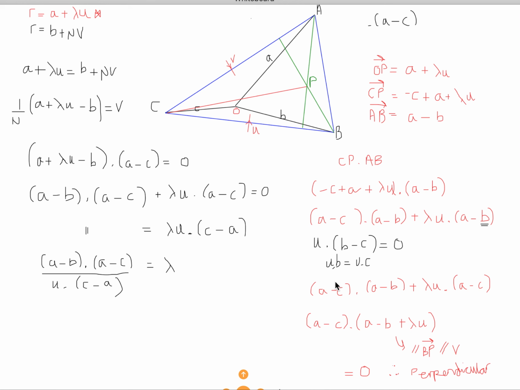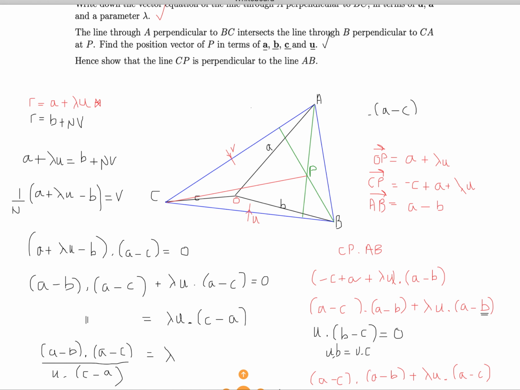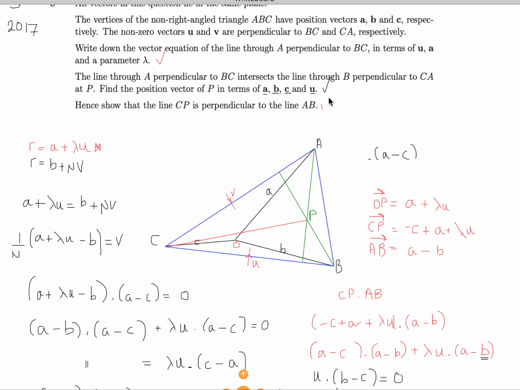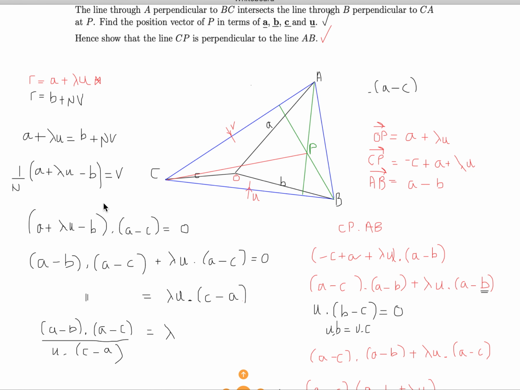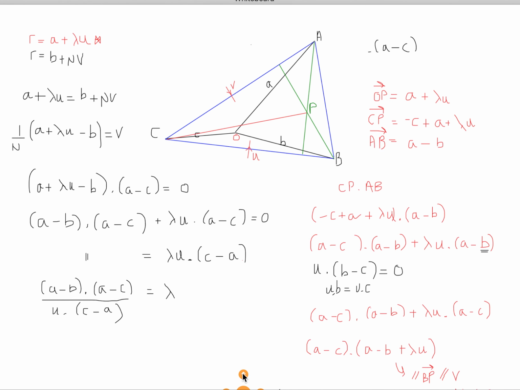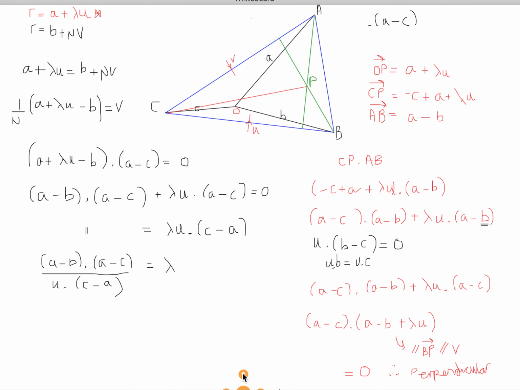As I say, with quite a lot of step questions, especially ones like this, they just want you to dot a few things together, mainly things that are perpendicular, because then you get things that equal 0, you get things that end up cancelling out, like over here. So yeah, the more you see, the better equipped you'll feel to attempt these questions on your own.